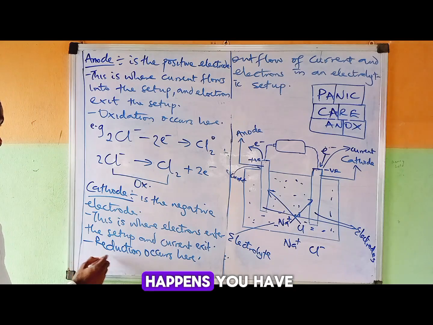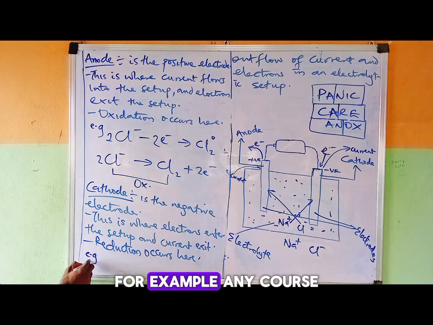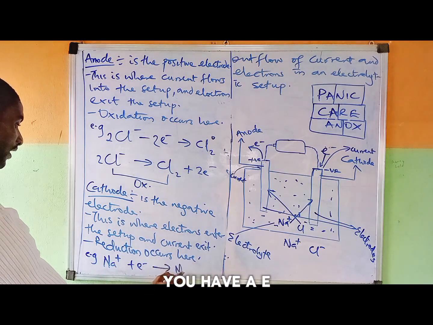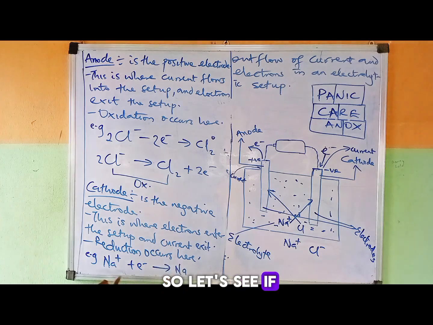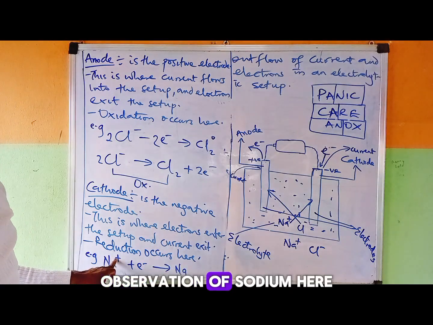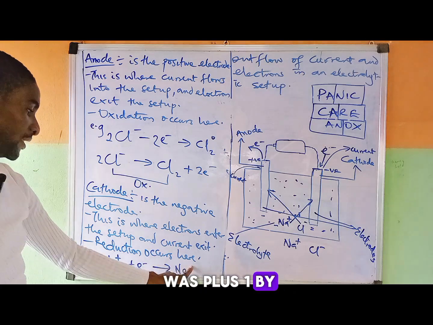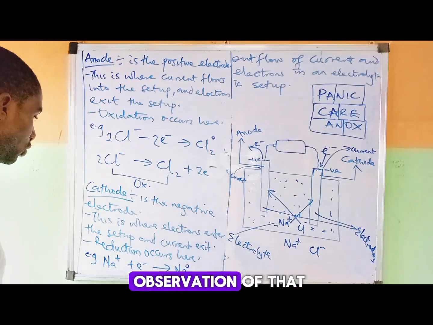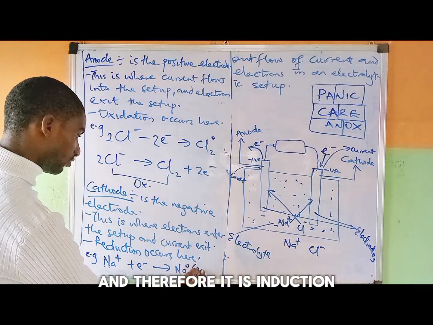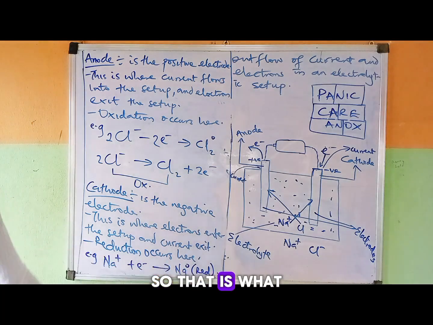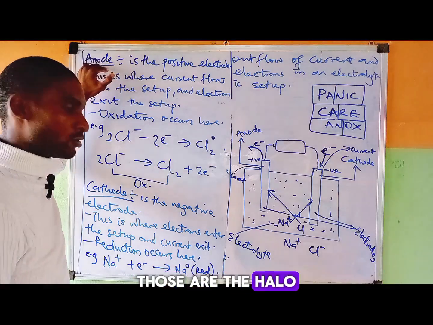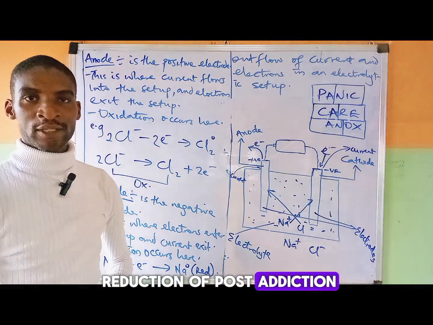So Na plus gains an electron to give Na. Is this a reduction? The oxidation number of sodium here was +1, and by the time it got here, 0. There is a decrease in oxidation number, and therefore it is reduction. So oxidation occurs at the anode, reduction occurs at the cathode.